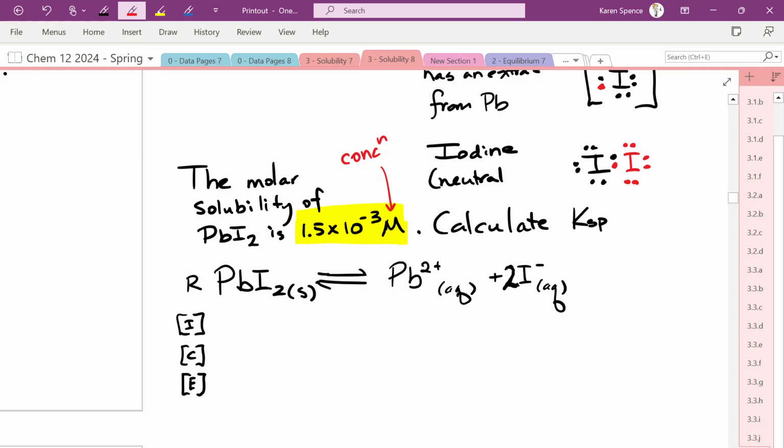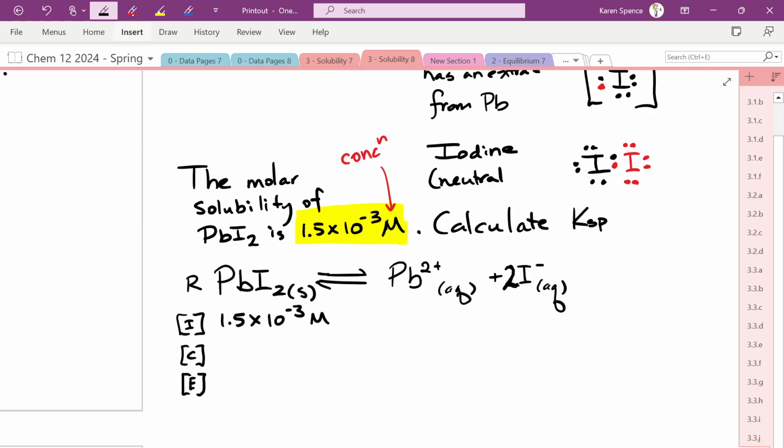PbI2 is a solid, but do you remember when we had an acid, even when it was like HCl and HCl completely dissociated, I would say I have 1 molar HCl, even though there's not really actually any HCl in the water. So this is very similar. Even though there is no solid PbI2 in the water, we say that the concentration of lead iodide is 1.5 times 10 to the minus 3 molar.